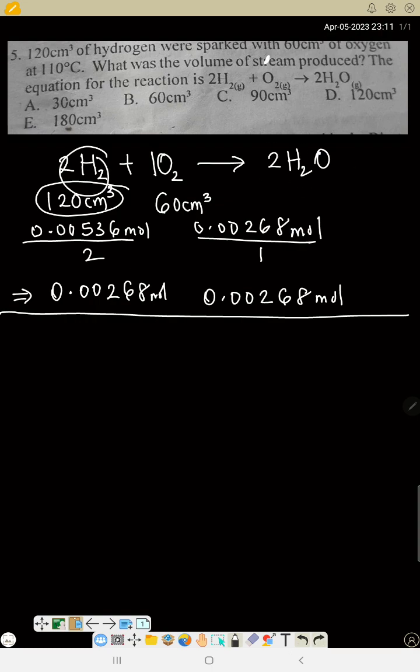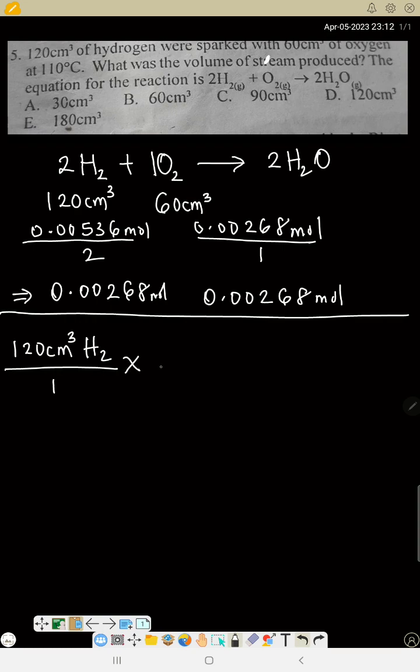So let's do that. 120 centimeter cube of hydrogen gas over 1 times, 1 mole of hydrogen gas will give us 22400 centimeter cube of hydrogen gas.